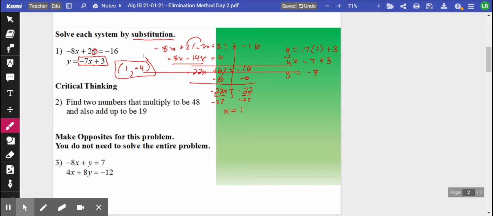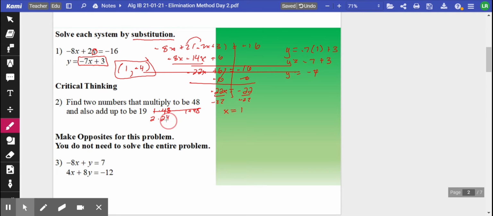Now number 2, remember, we said we're going to keep practicing this. Multiplies to be 48, adds up to be 19. I would start with 1 times 48. If I change that to addition, that adds up to be 49, so that's not it. For the 2, I've got to think 2 times what number gives me 48. If you're ever not sure, you can switch around and go 48 divided by 2.